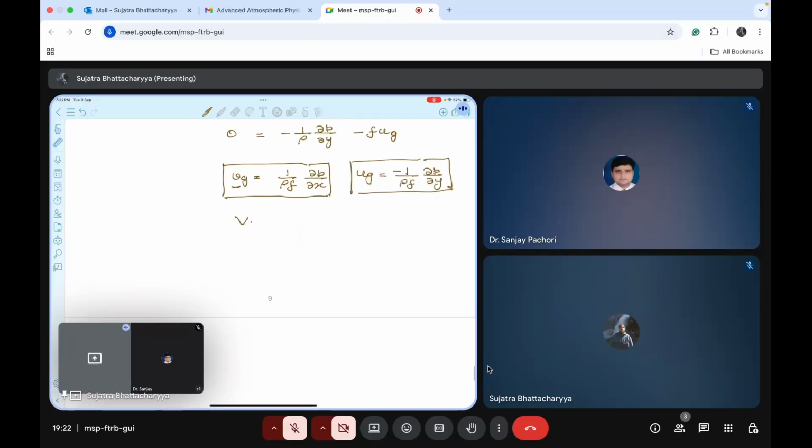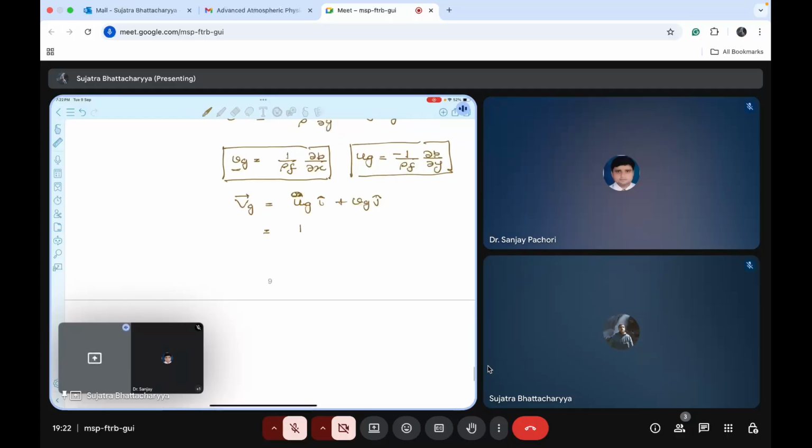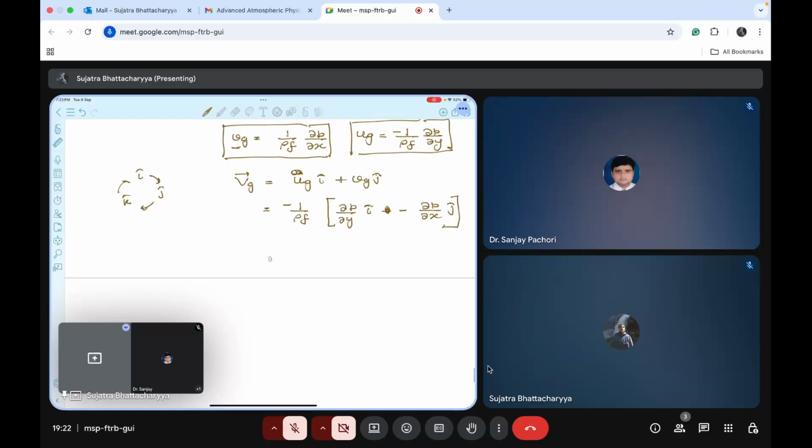Now, in total, if you combine in vector form, Vg, the total net vector, can be written as Ug i hat plus Vg j hat. Right? So, can I write this as 1 upon rho f? You can take a negative sign, that's okay. Delta p by delta y i hat plus, or it should be minus actually, delta p delta x j hat. Okay, let me make this i hat j hat k hat for the cross product case.